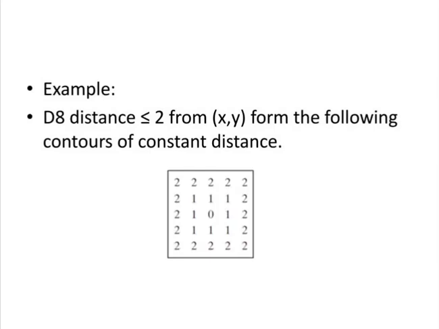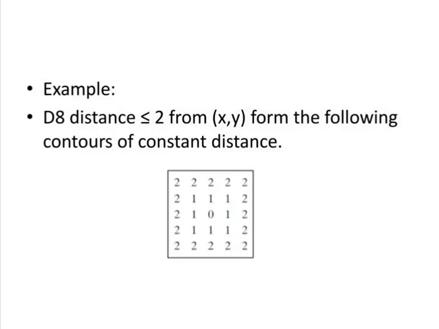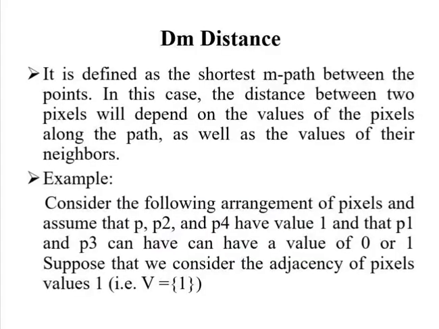Now to compute the Dm between the points P and P4, here we have the 4 cases. Case 1: if P1 is equal to 0 and P3 is equal to 0, the length of the shortest m-path, that is the Dm distance, is 2, that is P, P2, P4.